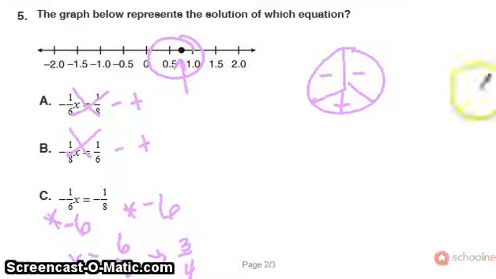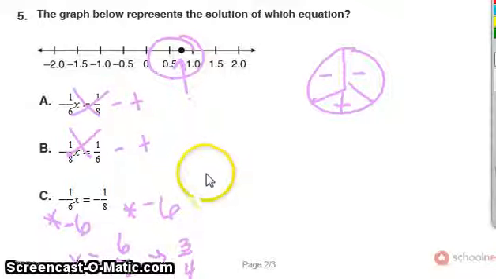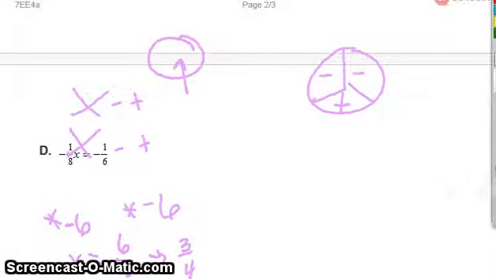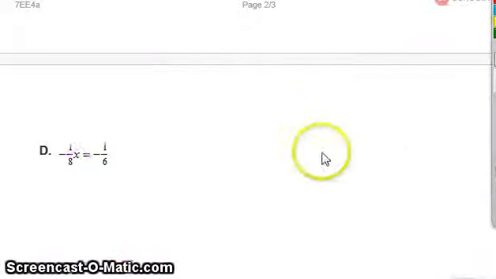Right there. Let's look at D and make sure D doesn't work. Alright, so C is working for right now, so let's look at D. Now here I'm going to multiply by a negative 8 to solve. That gives me my variable by itself. Negative 1/6 times negative 8. I'm going to have 8 over 6.